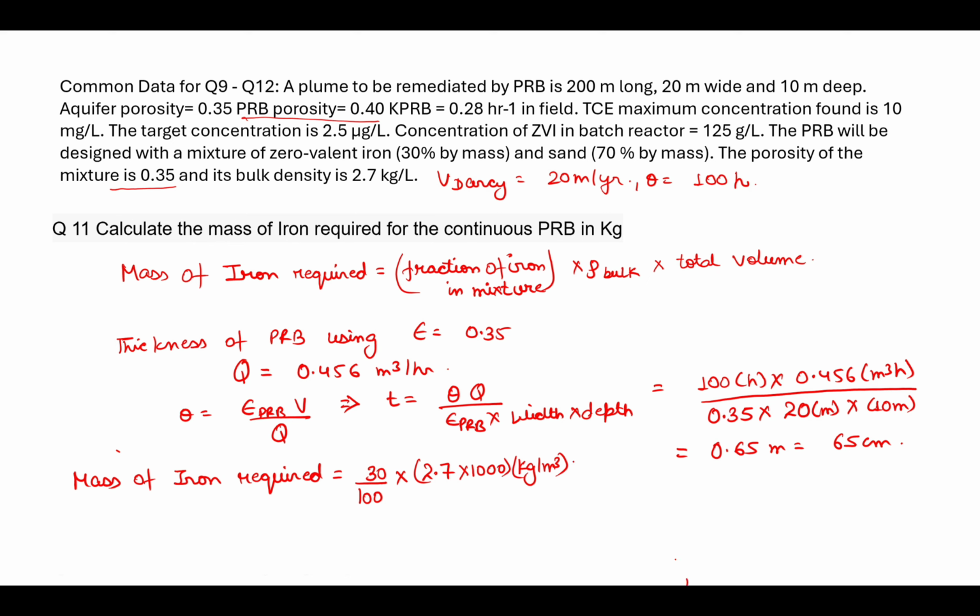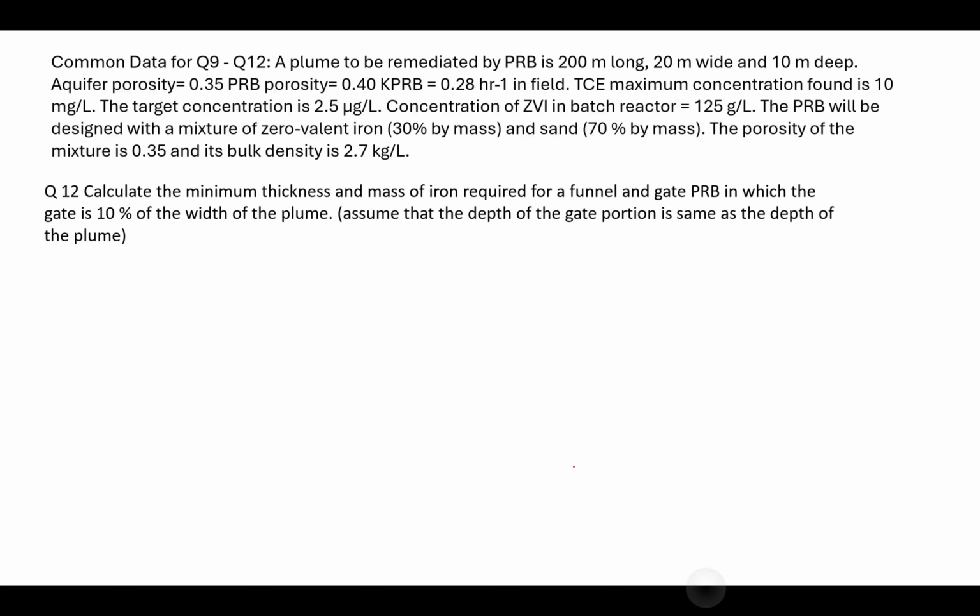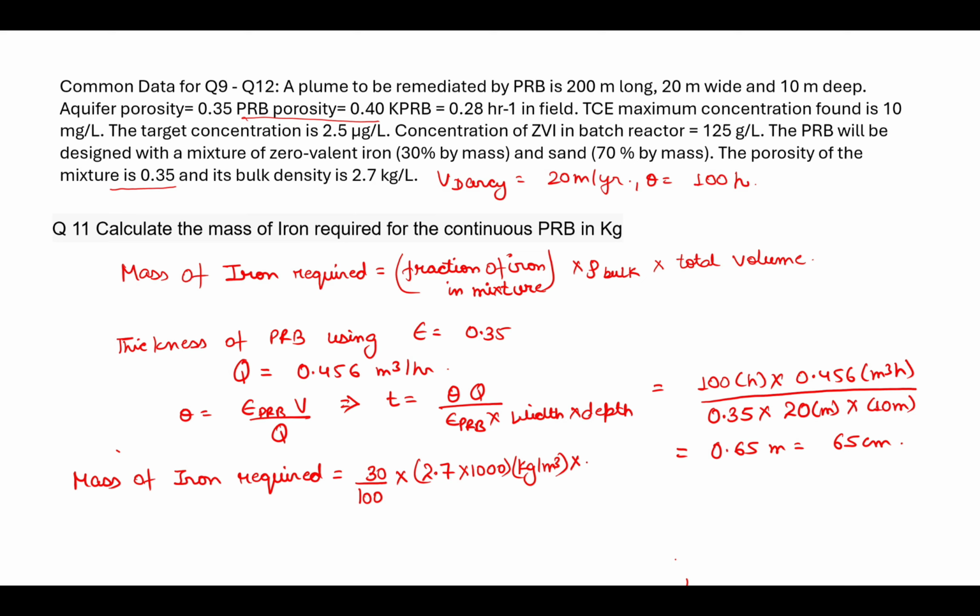And we have the total volume of the PRB, which will be 20 into 10, the depth, into the thickness of PRB, 65 centimeters, so 0.65. Overall we will get this in meter cube, so meter cube will cancel out and we will get the value in kg.